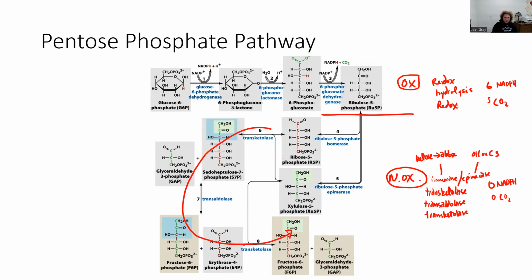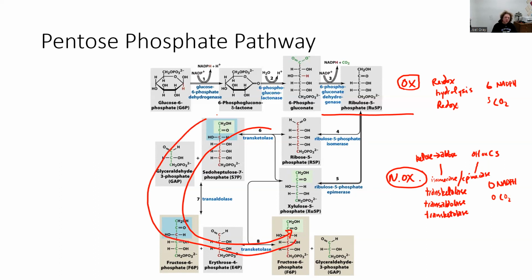I start with my ribose 5-phosphate and xylulose 5-phosphate. I make my glyceraldehyde 3-phosphate and sedoheptulose 7-phosphate. I make the fructose 6-phosphate and erythrose 4-phosphate. Then from there, I use xylulose 5-phosphate and erythrose 4-phosphate to make fructose 6-phosphate and glyceraldehyde 3-phosphate.